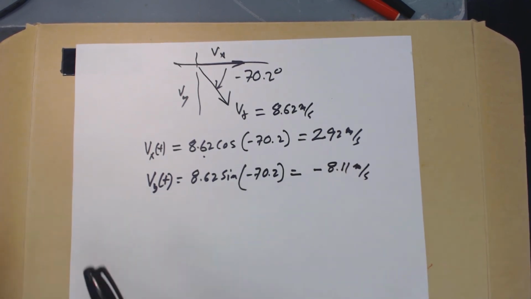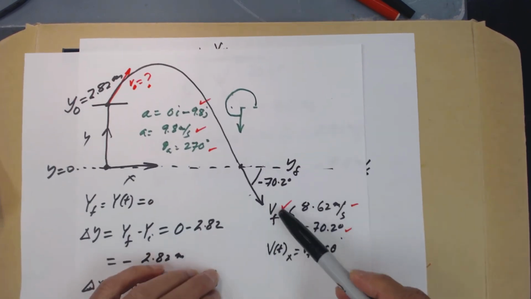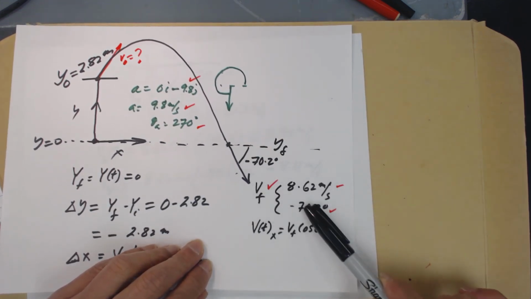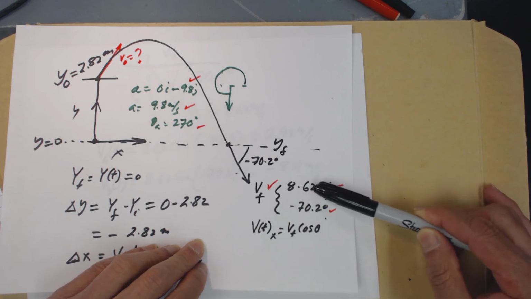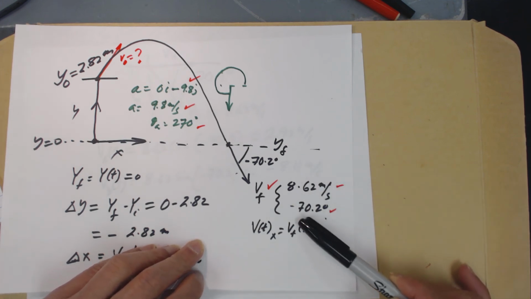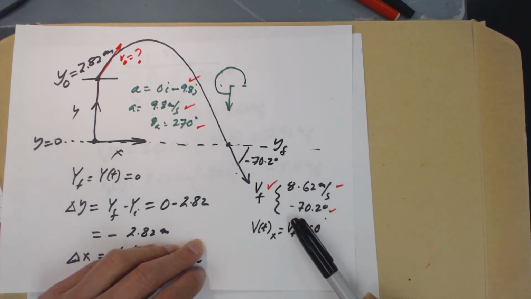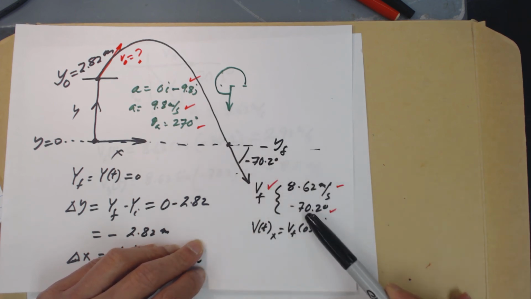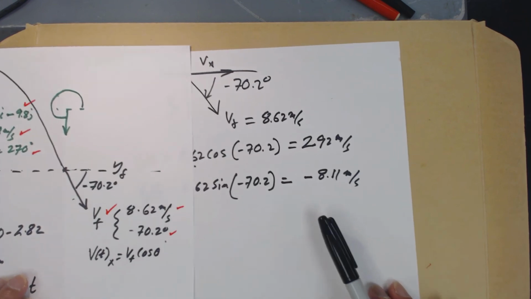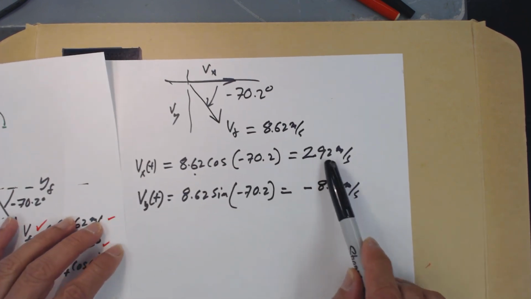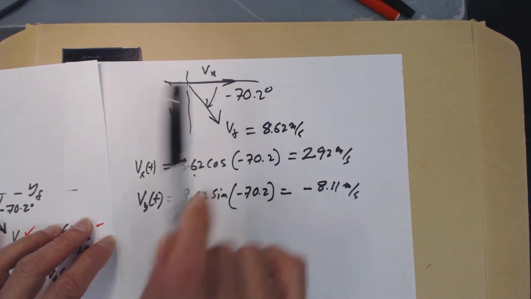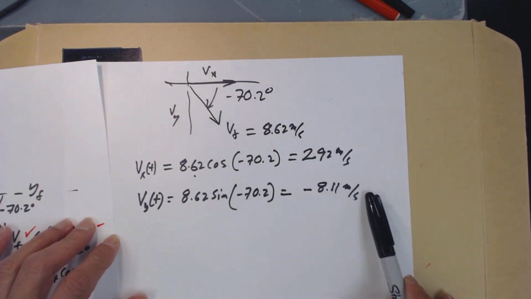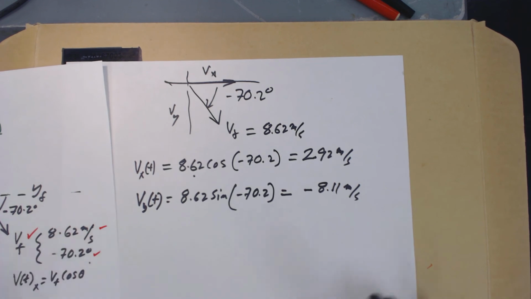So coming back here, from the polar description of the final velocity, 8.62 meters per second making an angle 70.2 degrees with the water, I get that the object is moving at 2.92 meters per second in the forward x direction, and it's coming down at minus 8.11 meters per second in the y direction.